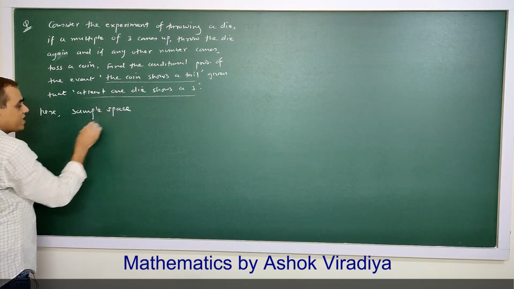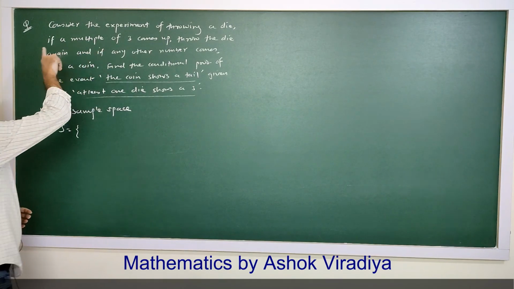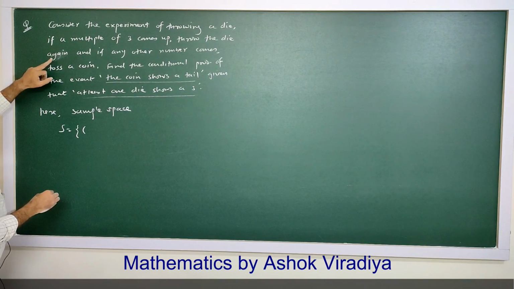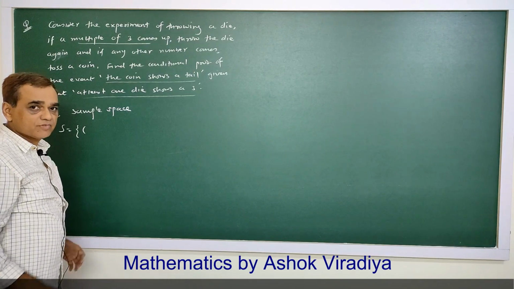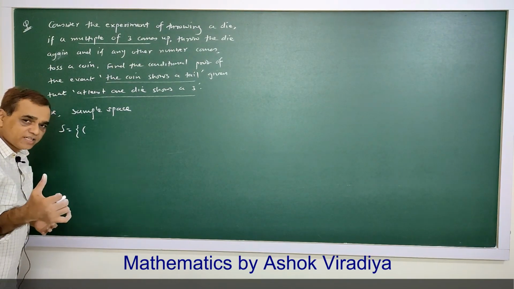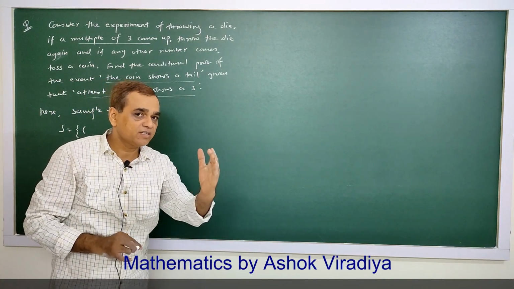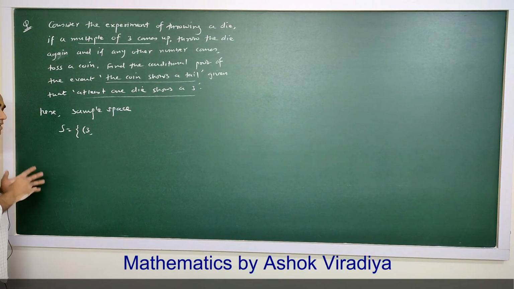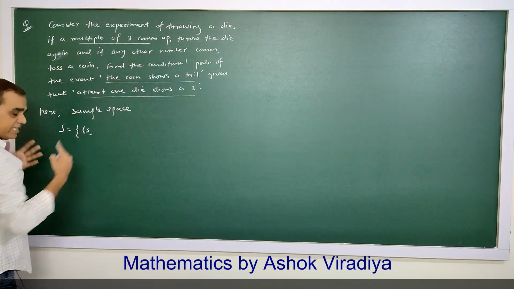Sample space associated with this experiment contains, now we keep list of elements or sample points. A die is thrown. Now when throwing a die, if multiple of 3 comes up, suppose when we toss a die, which are multiples of 3? Only 2 numbers, 3 and 6. So suppose first 3 comes up, then if 3 comes up, multiple of 3 comes, throw die again.